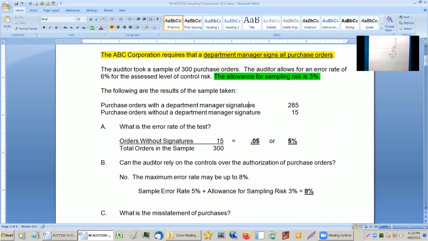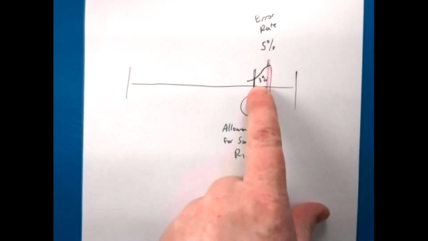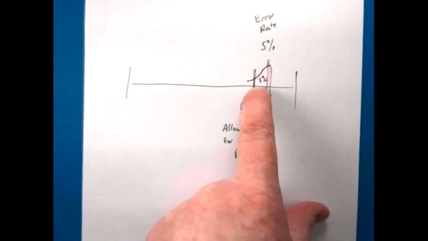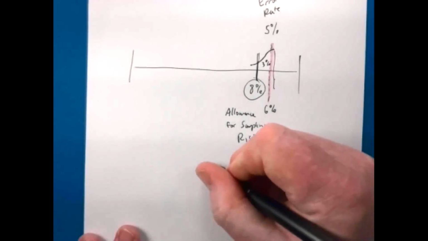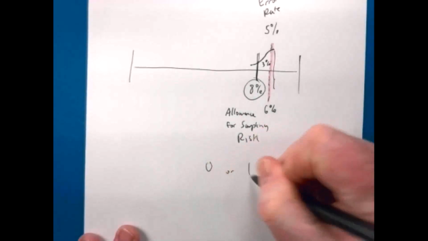So it's using the normal distribution on something that's really not what you normally think of as a normal distribution. This is a binomial distribution. It's 0 or 1.